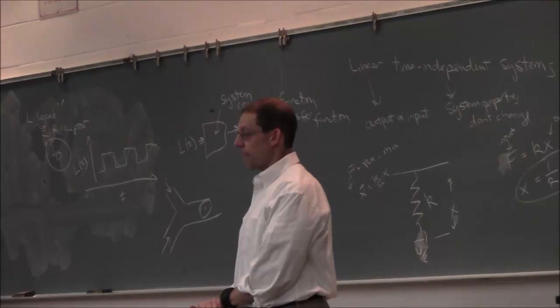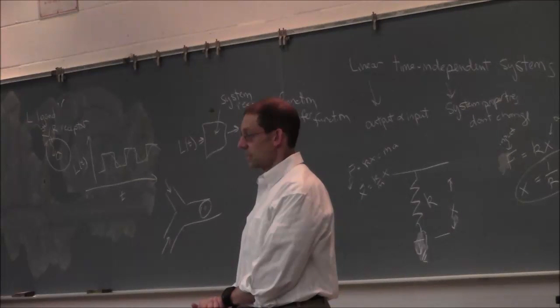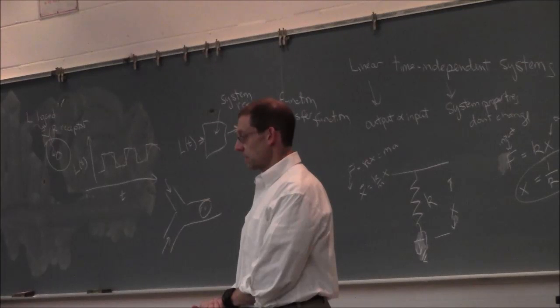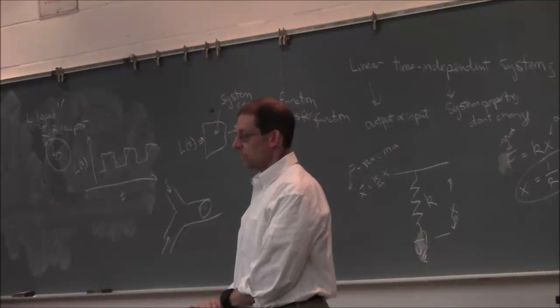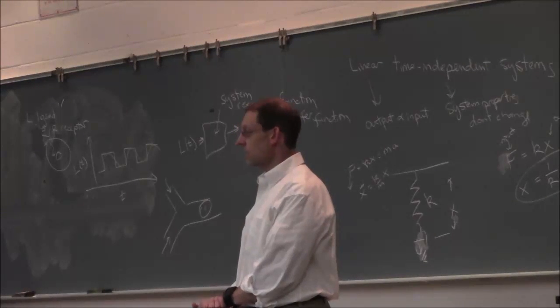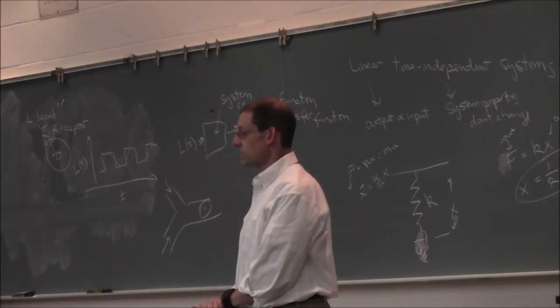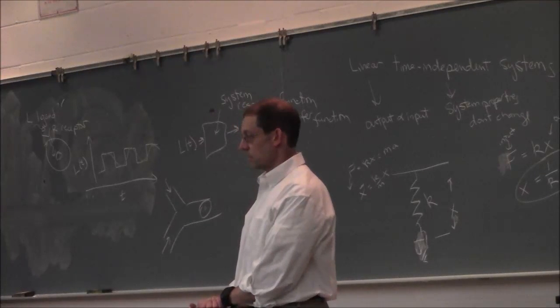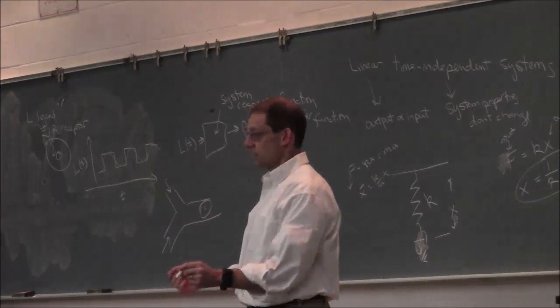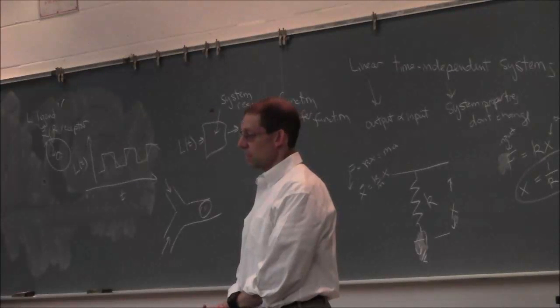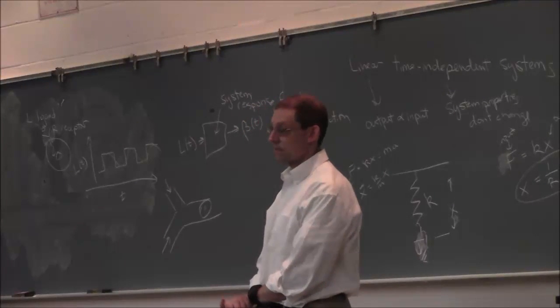That is the type of system that we'll study in depth. So the basic system in biological signaling is the two states. As opposed to a spring that changes continuously, here it's a molecule that changes between two states.